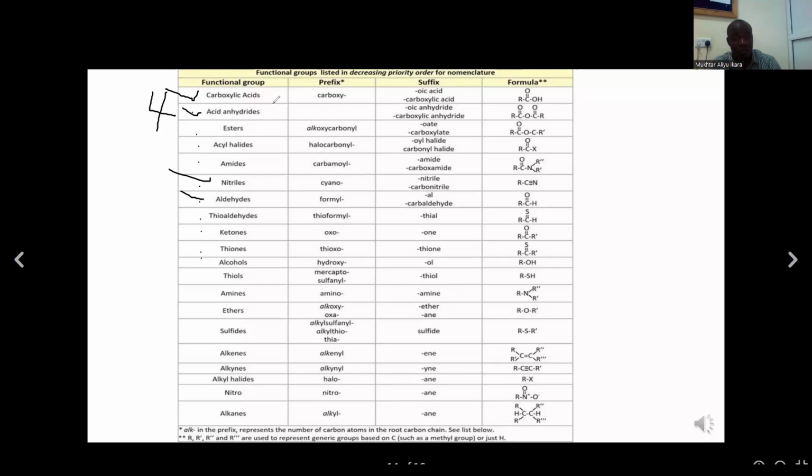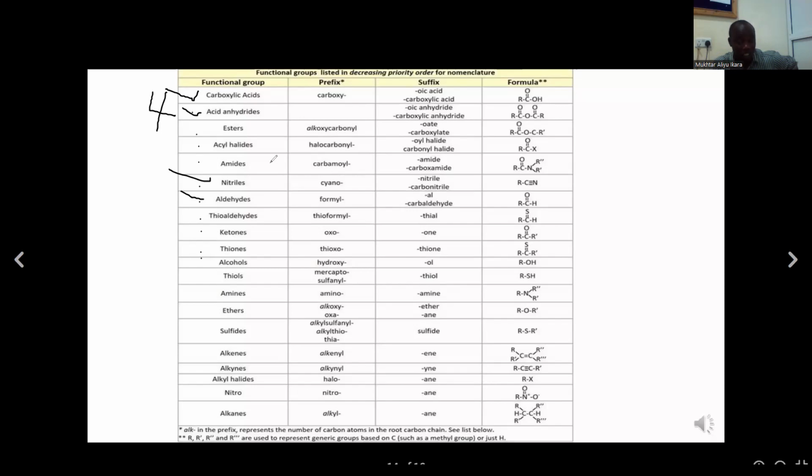The secondary suffix will be given to the carboxylic acid functional group, and the remaining ones, acid anhydrides, nitriles, and aldehydes, will be considered as substituents.